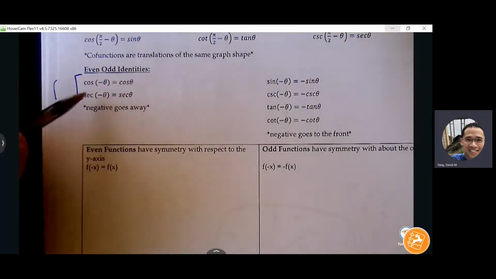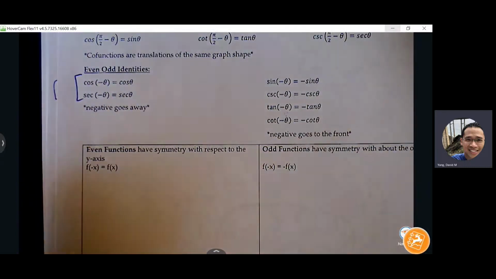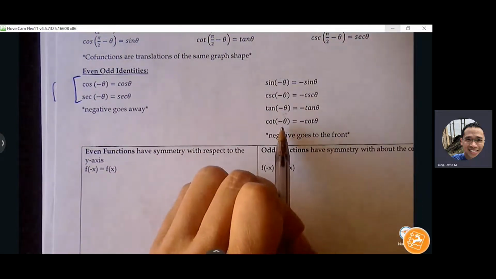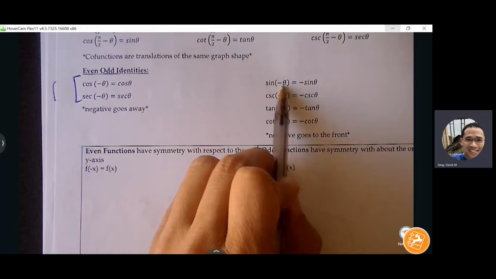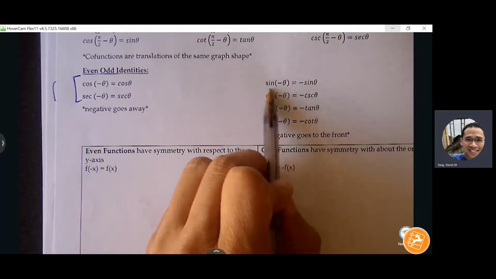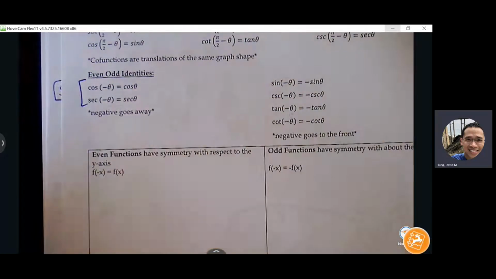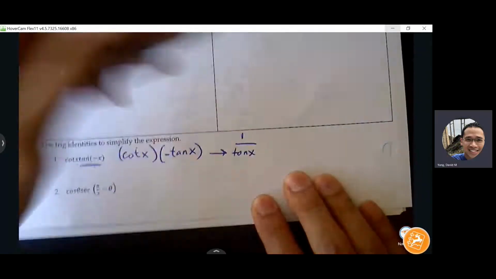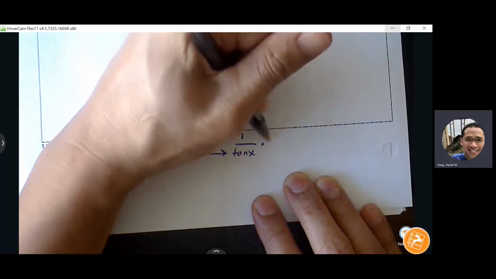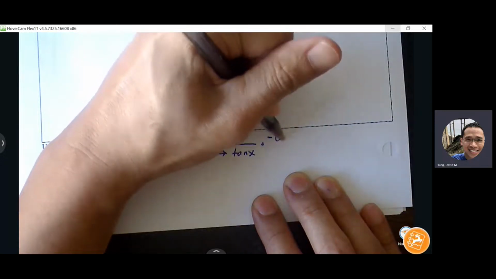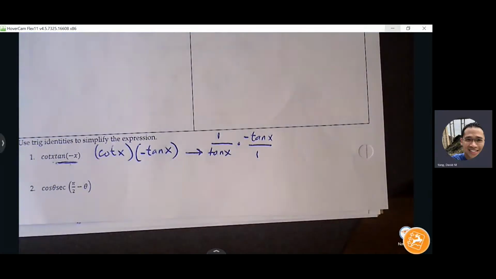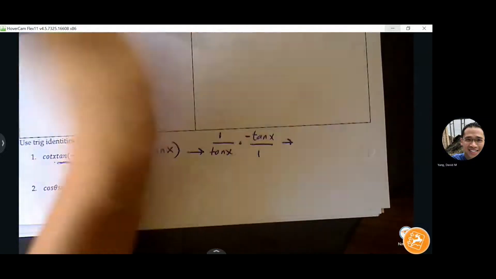With even functions, the negative just disappears. With all the other 4 trig functions, the negative remains. Just move that negative in front. All right, so we know cotangent is 1 over tangent, and we can just keep the negative tangent. We're just trying to get these two to pair up here. What can we do here? Toss them out. I'm just left with negative.